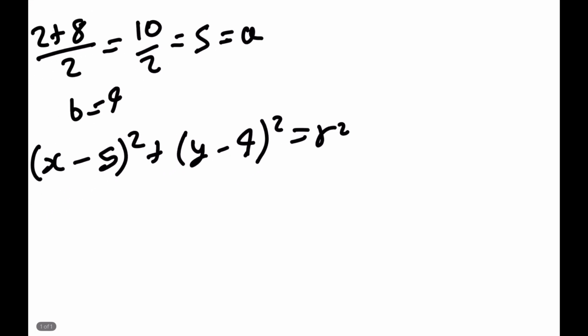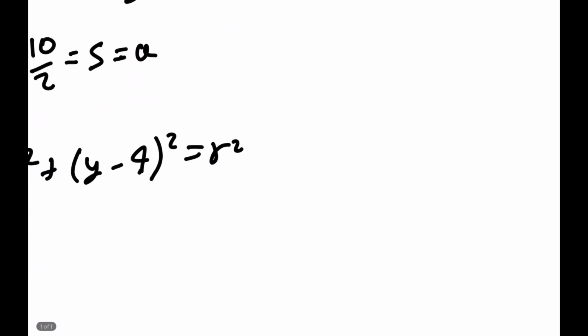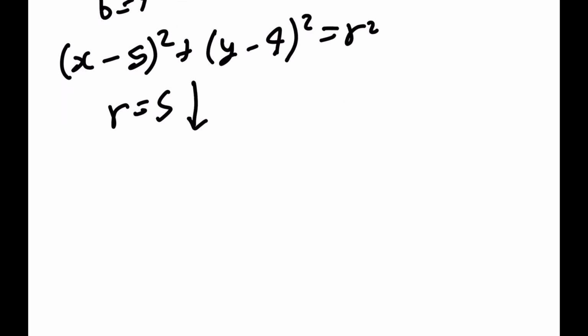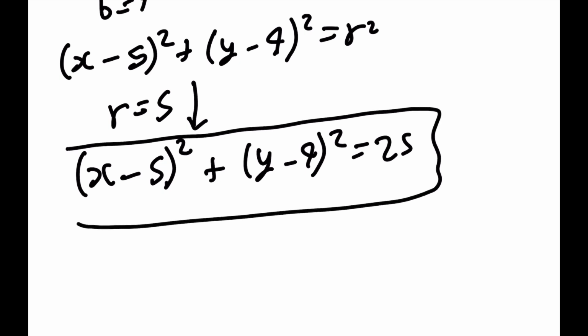So we know that this is the radius, so the radius must be equal to 5. So r is equal to 5. And let's substitute in this equation, x minus 5 squared plus y minus 4 squared is equal to 5 squared, which is 25. And this is the equation of the circle.